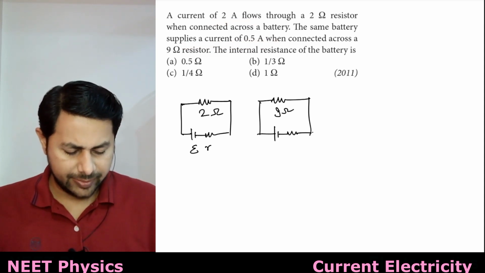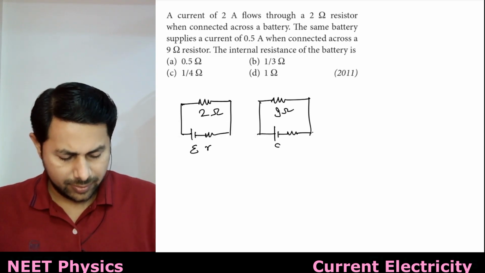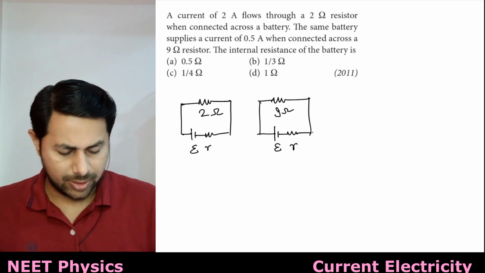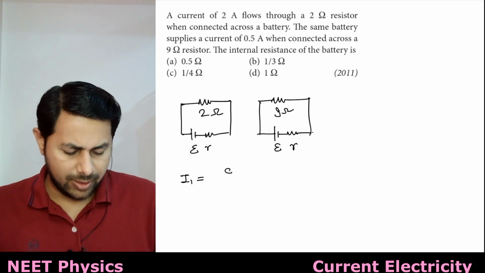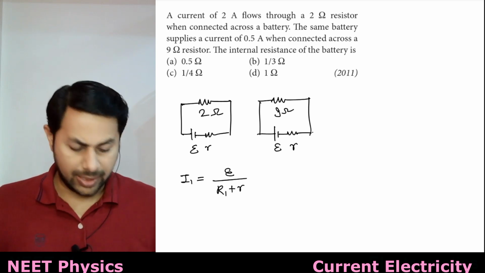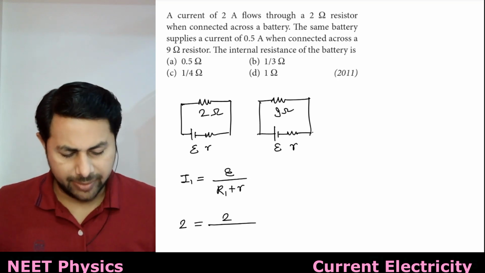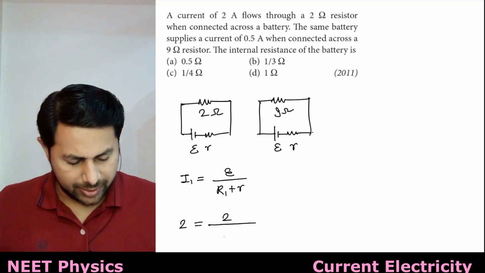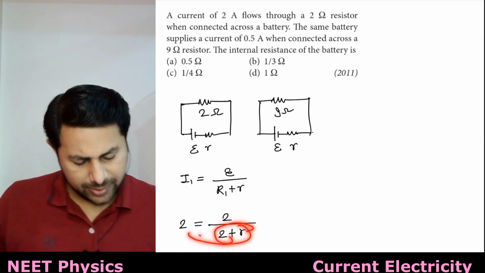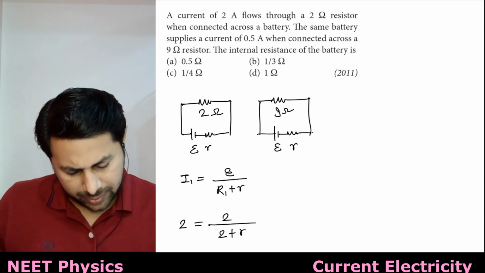See, in the first case, how can you write the current? I1 is equal to E divided by R1 plus small r. I1 is 2 amperes, and R1 is 2 ohms, so 2 is equal to E divided by 2 plus r.